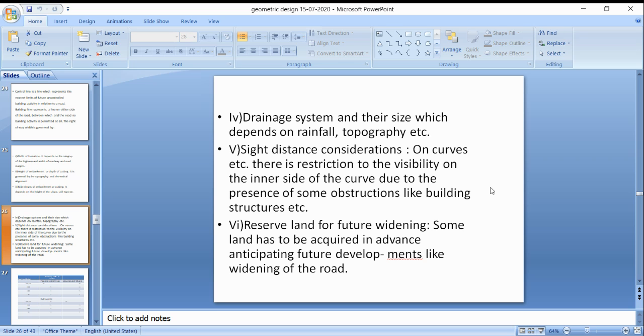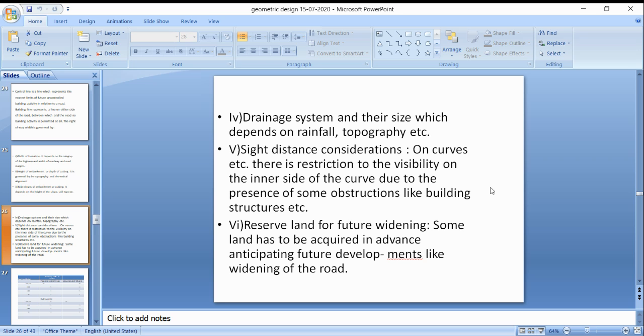On curves, there is a restriction to the visibility on the inner side of the curve, due to the presence of restrictions like building structures. So how many curves are coming, and the visibility of the area, and any building structures that are coming, all those will be considered, and land reserved for future.